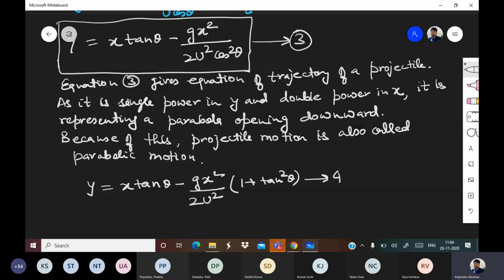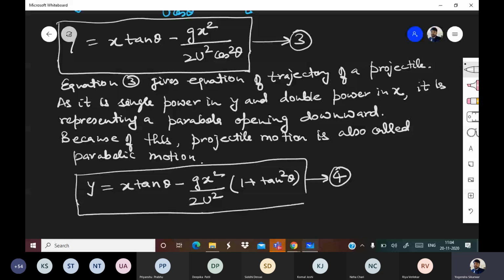So this is also the same equation. And as 1 plus tan square theta is equal to sec square theta, because of that, we can use this.